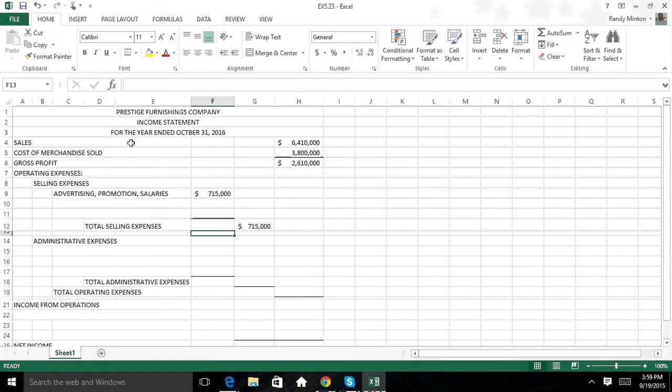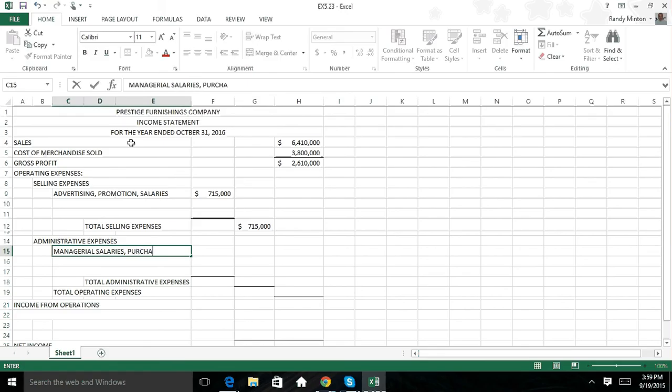The next group of costs that we need to put in are administrative expenses. And when we look down, we see the second item on the page is administrative expenses, and those would be like managerial salaries, maybe purchasing salaries in the purchasing department, etc. Just to give you some idea of what kind of costs you're dealing with there.